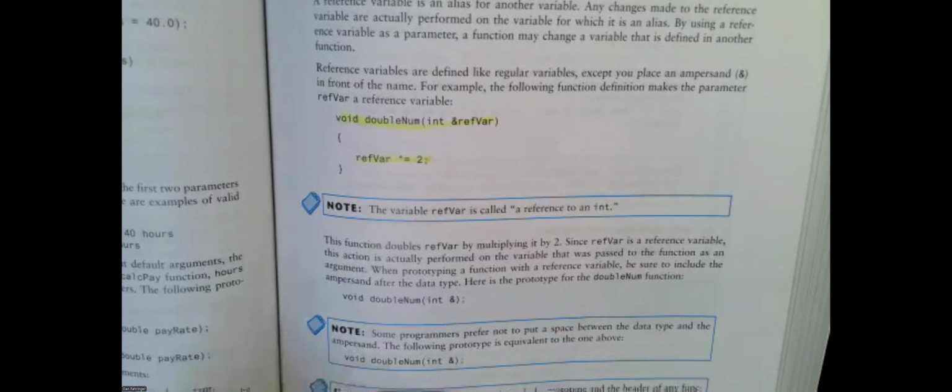What if I want to be able to change values? This is creating a pointer. We're going to really get into this in chapter 9. This says pass in the address. I want an address coming in.